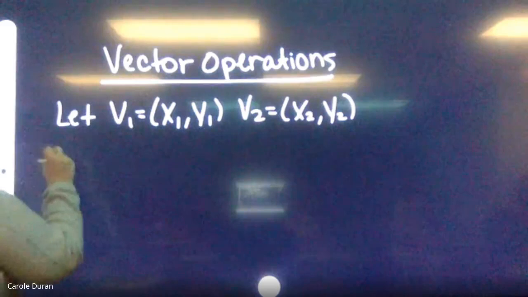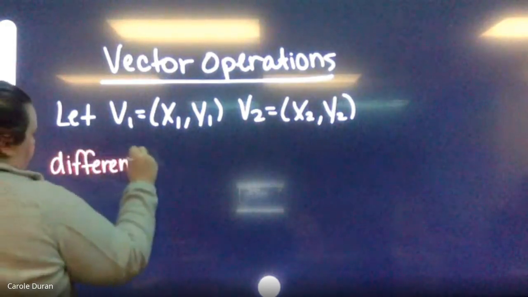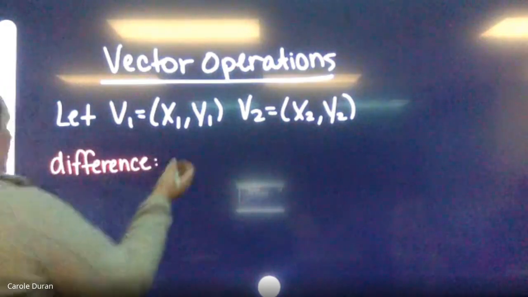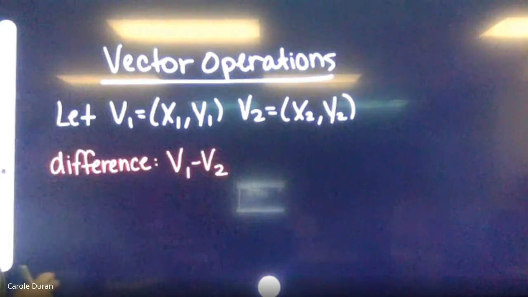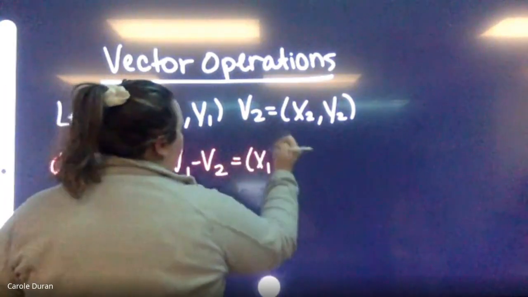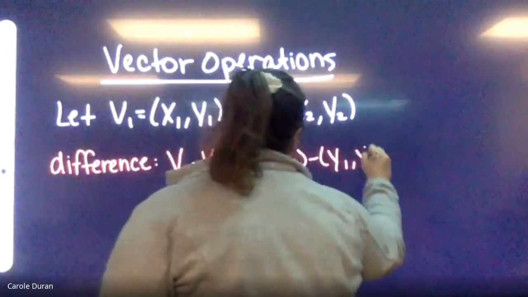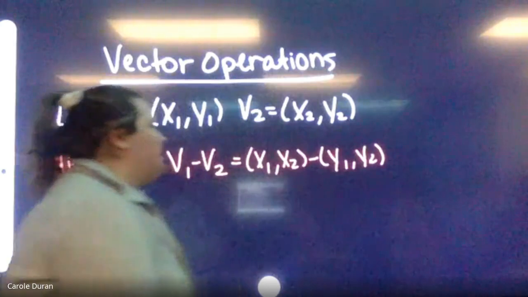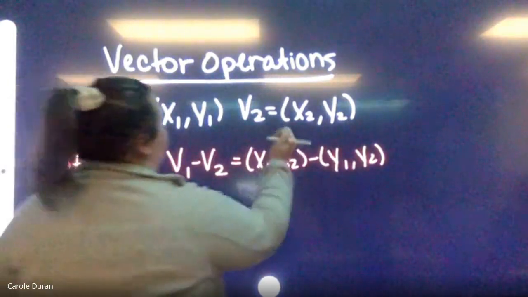We're gonna start with a difference rule. For the difference, we're gonna do vector 1 minus vector 2. This works the same as when we did the addition before.